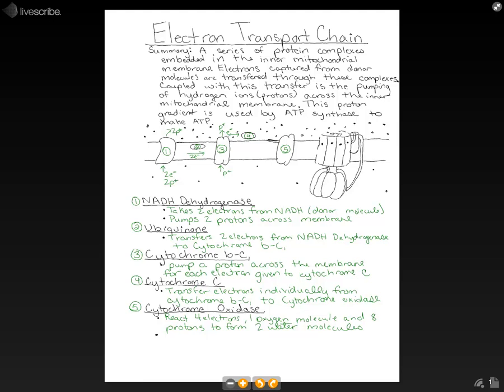And if you do the chemistry there, you'll see we still have 4 extra protons. What it does is it pumps these 4 extra protons across the membrane.